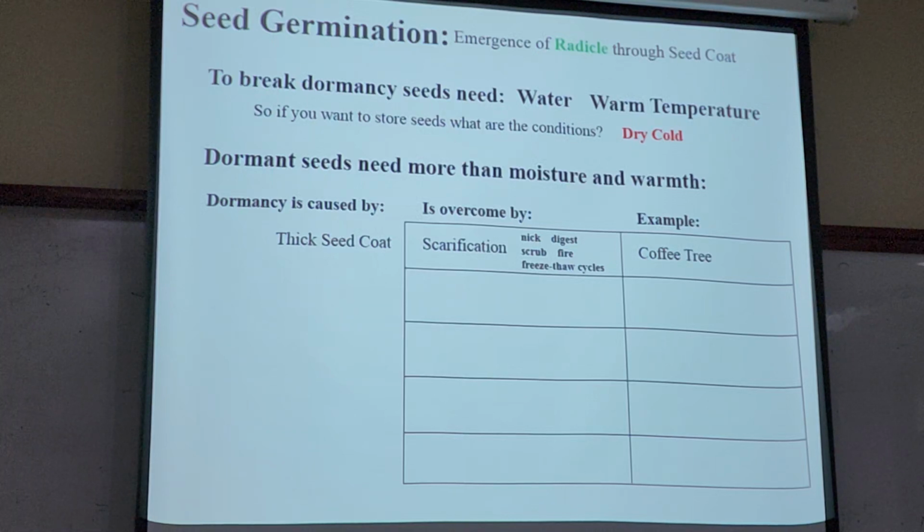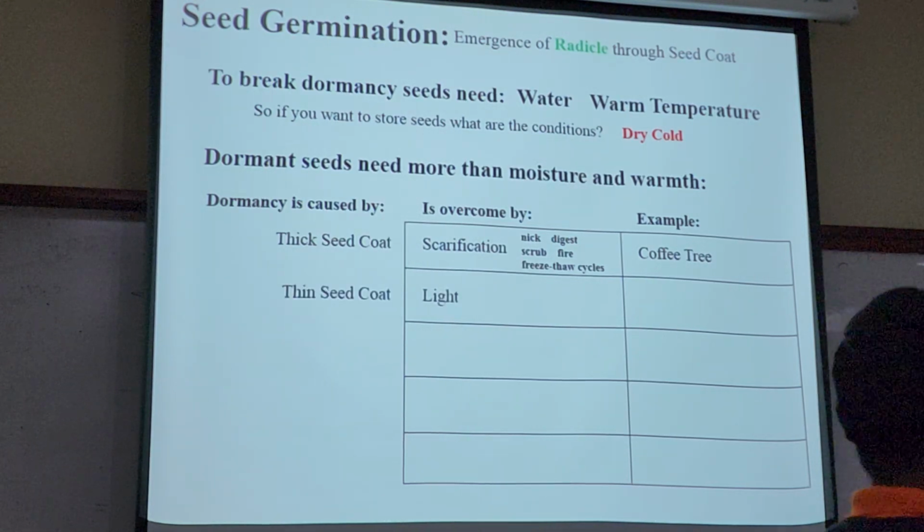Yeah, I think you can see your mom do that. They got the frozen chicken and then they soak it in water in the sink. That's thawing, right? Okay. Do this multiple times. The substance is going to expand, contract, it's going to break, and then you have achieved your scarification.